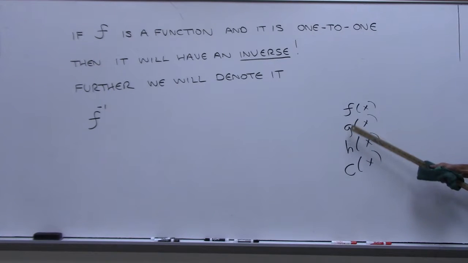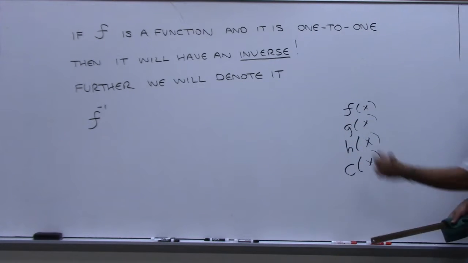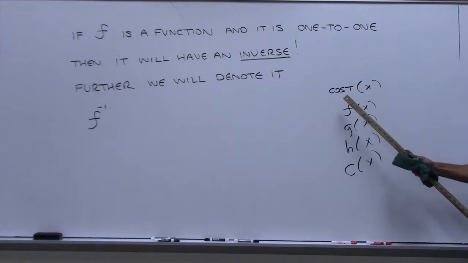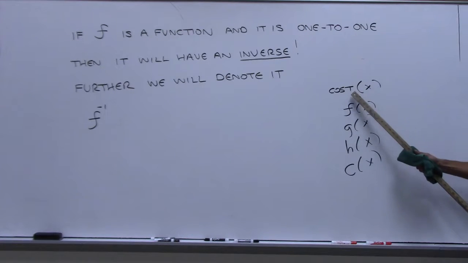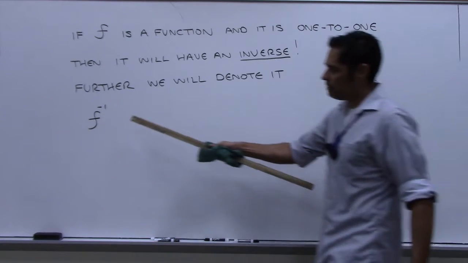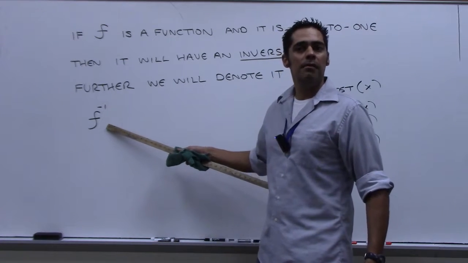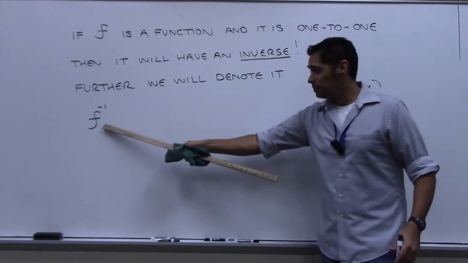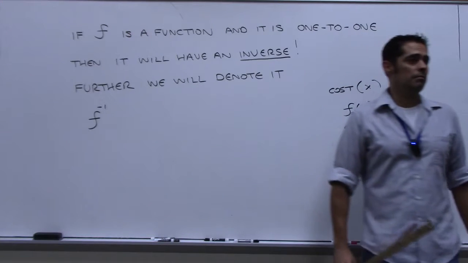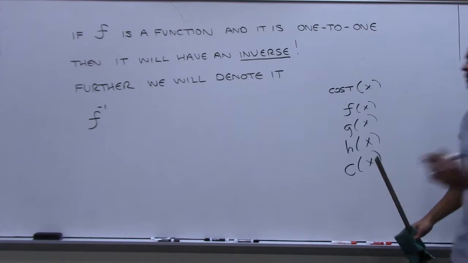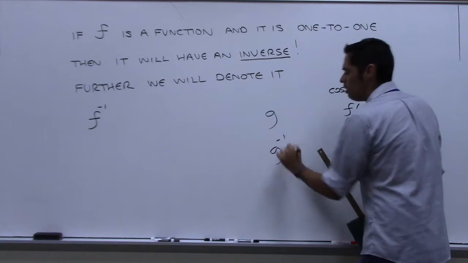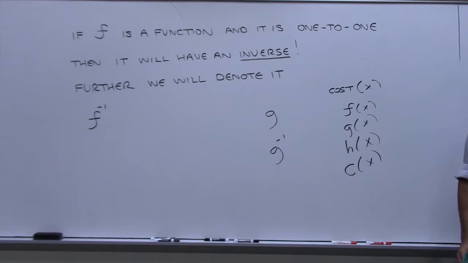You could even have the cost function. So we will use this as the name of the inverse function to let everyone know that this function undoes that one. If you had another function like g and it had an inverse, you would call its inverse g inverse like that.